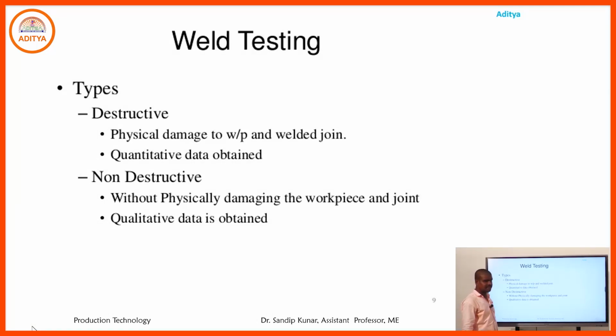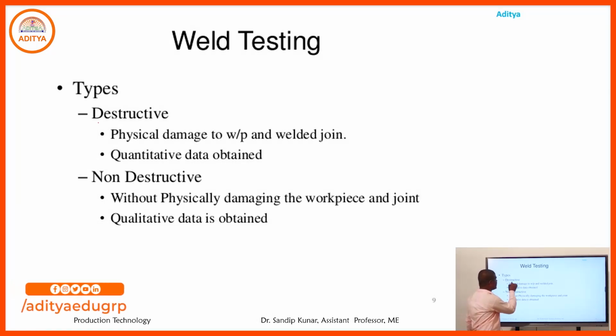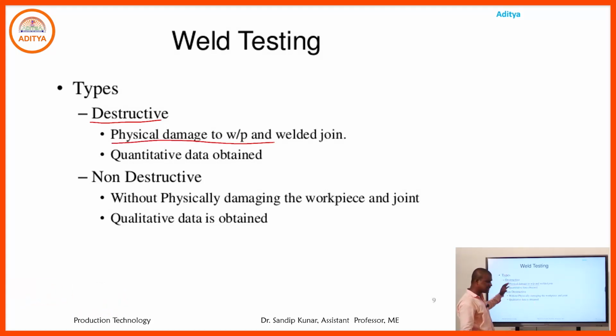Weld testing, first one, destructive type testing. In those cases, there is physical damage to the workpiece and weld joint. To get quantitative data from destructive testing, we collect some data, means what is the tensile strength, toughness, ductility. That type of data we collect from the destructive test.